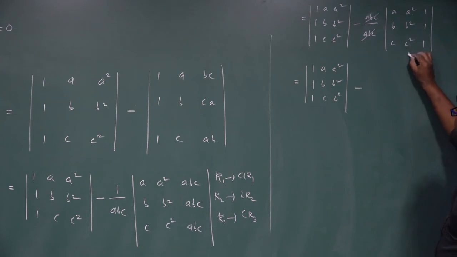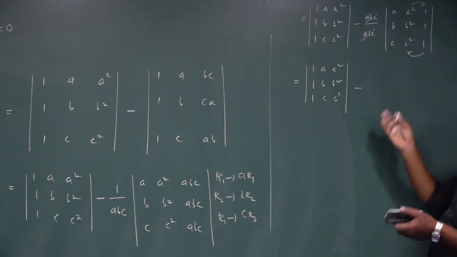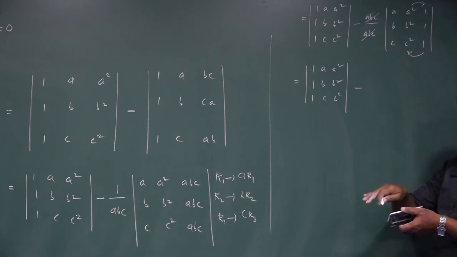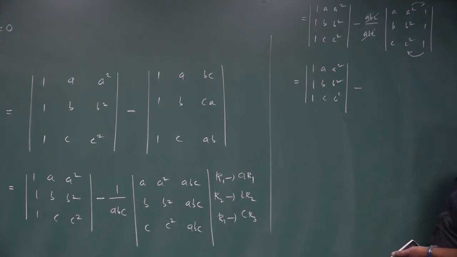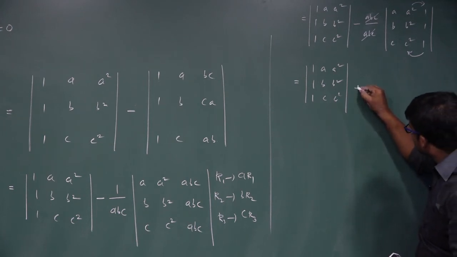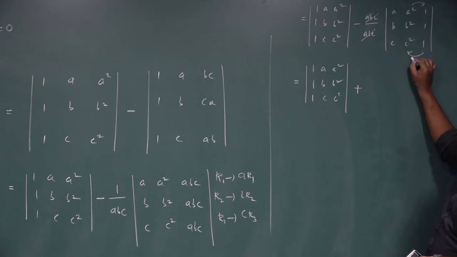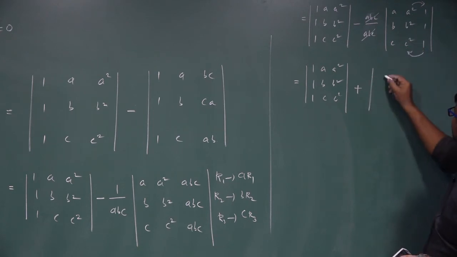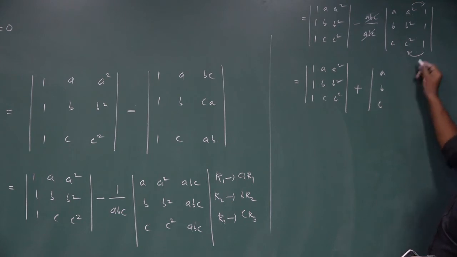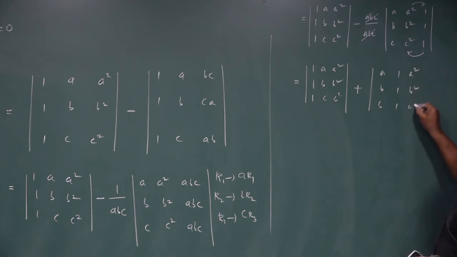Now interchanging the columns. When any two rows or two columns are interchanged, the determinant changes only in sign. Sign only changes, minus, and minus of minus is plus. That is the determinant A, B, C, with C3 replaced in C2, 1, 1, 1, and the third column A square, B square, C square.